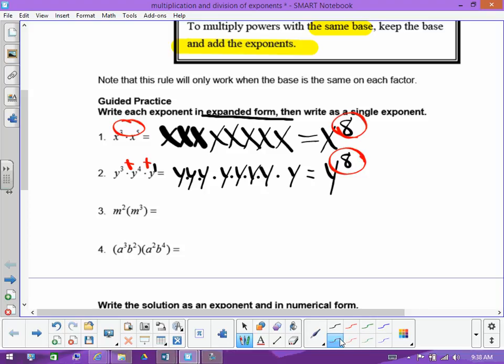You can see multiplication written with the dot or with our parentheses. Parentheses mean the same thing. I have 2 m's here, 3 m's here, add them together, and you get m to the 5th. On 4, 2 different letters, A and B. Split them up.